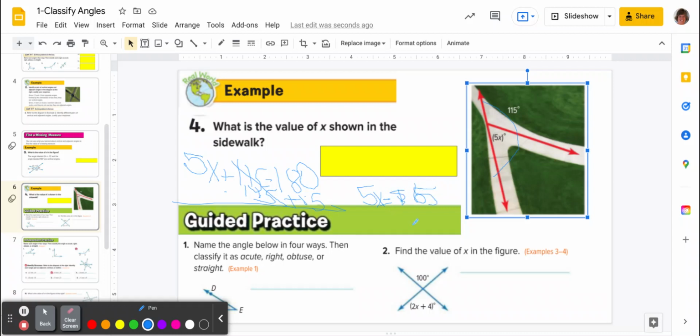Sorry about that. And what do I do to solve this problem? Well, this is a multiply because they are next to each other, so I divide. Divide by 5, divide by 5. x equals 13. So x equals 13.